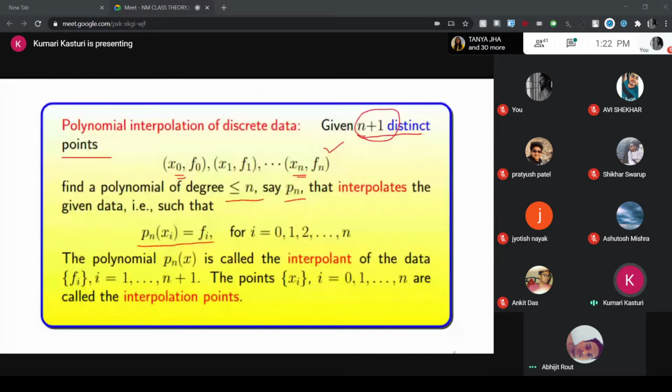Okay, the polynomial Pn(x) is called the interpolant, and the points, i is equal to 0, 1, 2 up to n, are called your interpolation points. So the polynomial you are getting here is called your interpolant, and the points used to get that polynomial are called interpolation points. Okay, please remember this.